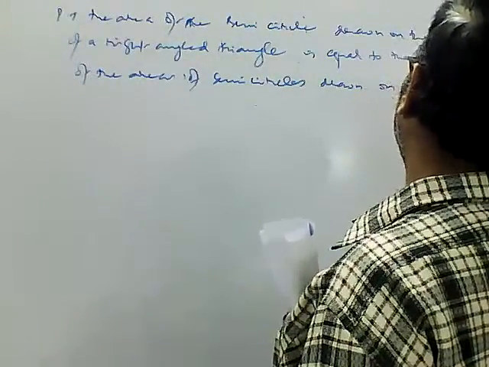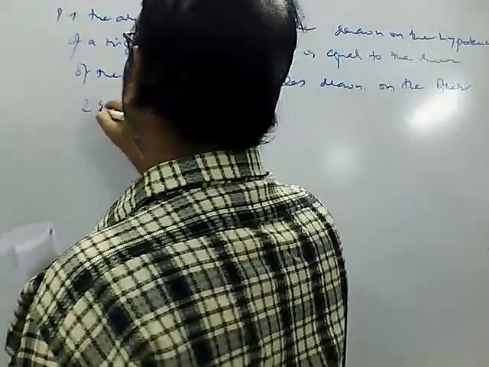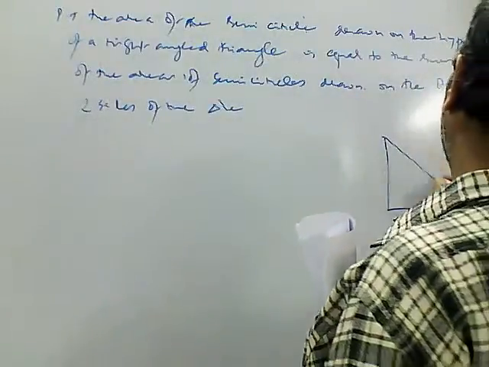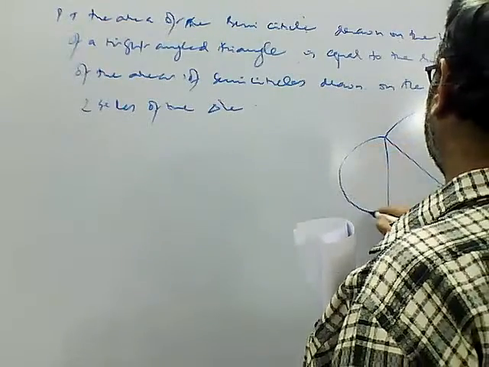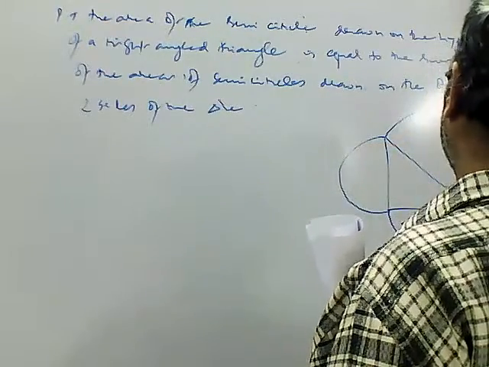This is the question Ashish sent to me, which I have explained. So the semicircle drawn on this side has area equal to the sum of the semicircles on these two.